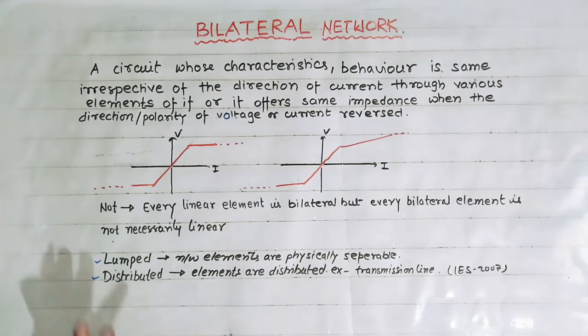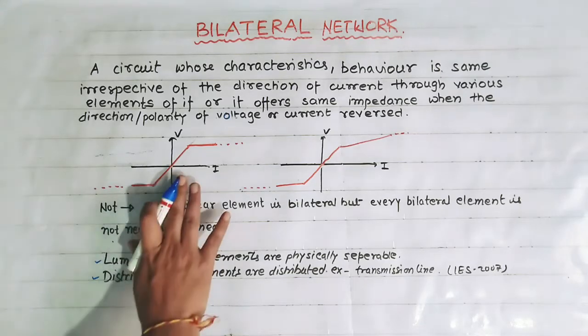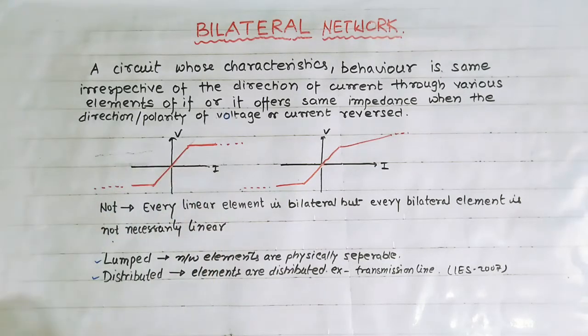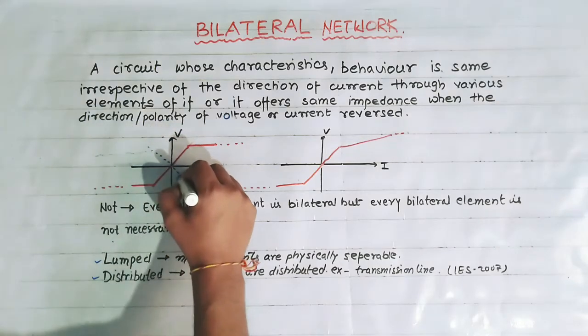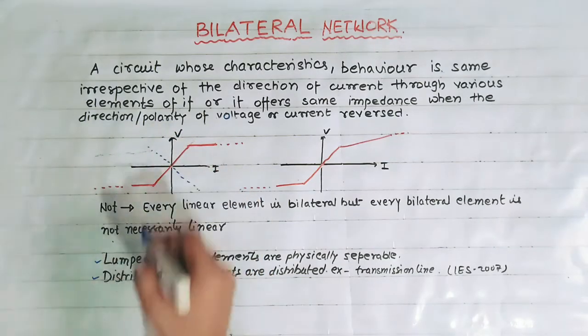If a V-I characteristic is given to you and you have to find whether the element is bilateral or unilateral, how can you find this? See this characteristic. The simple way to find whether the element is bilateral or not is to draw a dotted line passing through the origin.